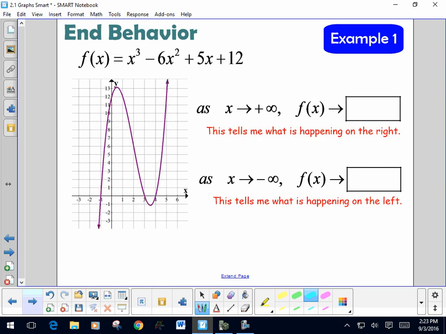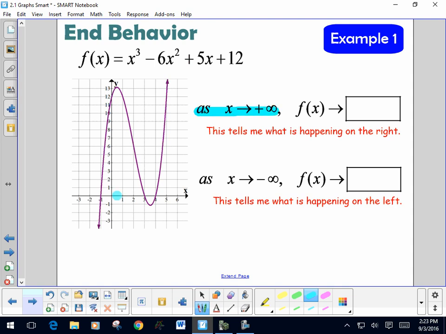So here's our first function to look at. This is a cubic function, so it's a third power of x. So it's a little squiggly thing. So if we look at this first notation, it says as x approaches positive infinity.